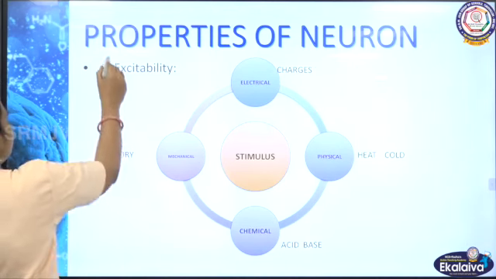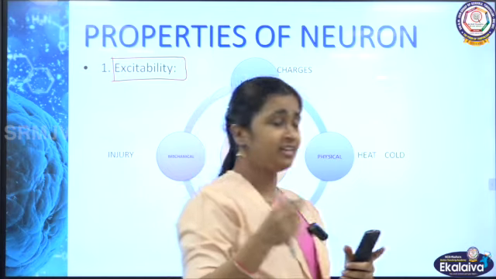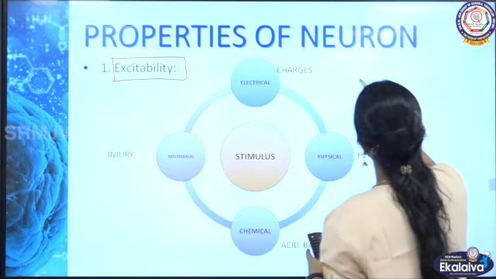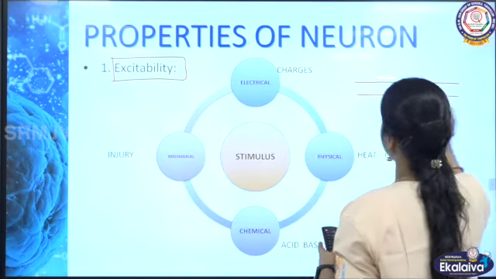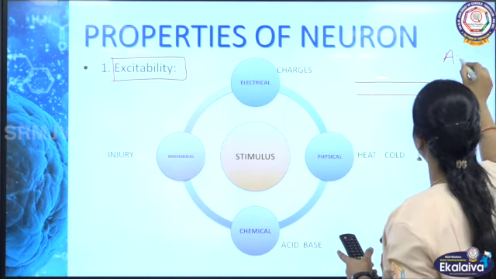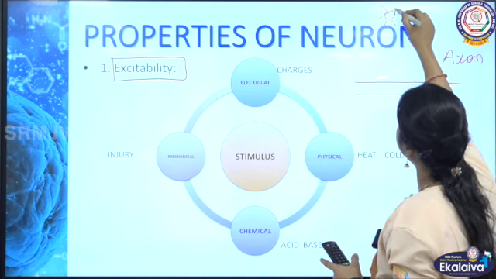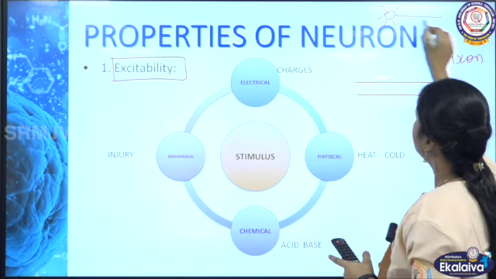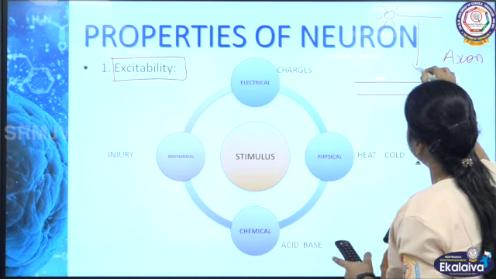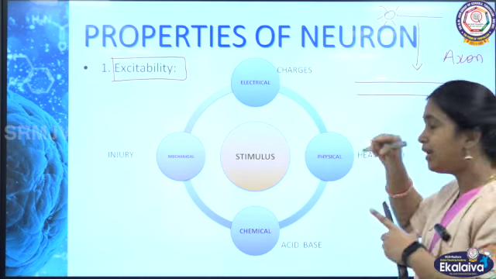The first property, excitability. When the neuron will get excited, a very important thing you have to see. If this is the structure of the neuron, I am just drawing only the axon. Okay, I am just taking only the axon. If this is the neuron structure, I am just drawing a flow diagram. I am taking only the axon structure. This axon structure has two layers and inside.